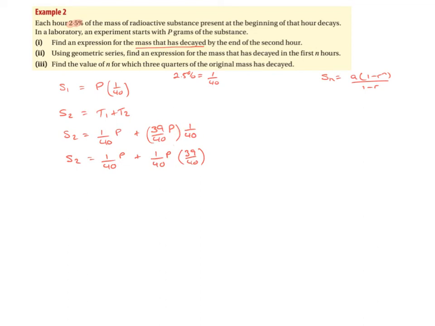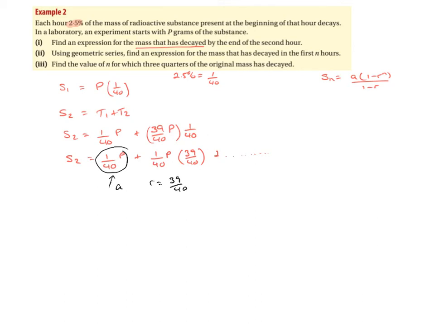Now hopefully you can see that this is going to carry on in this vein, and what we've now got is a geometric progression again, where this here is my A. How are we getting from the first to the second term? Well, we're just multiplying by 39 over 40, so that means my R is equal to 39 over 40.